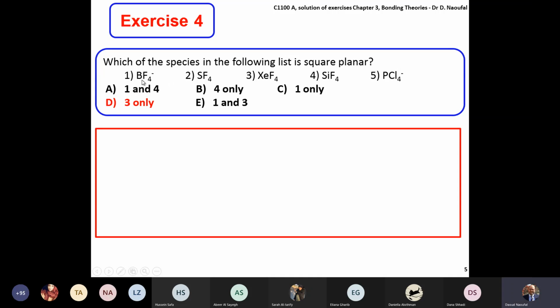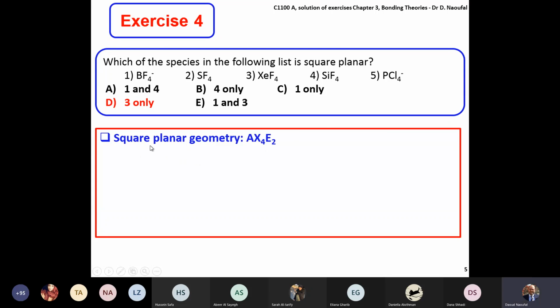In all the species, the central atom is tetra-coordinate. So we have the possibility of 1, 2, 3, 4, and 5 to be square planar. In other words, we could not find the answer directly.